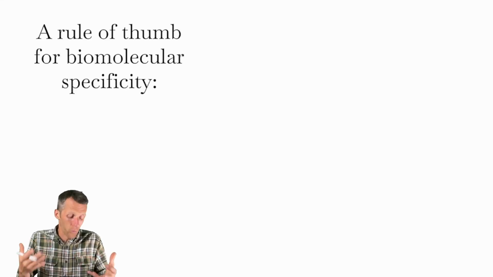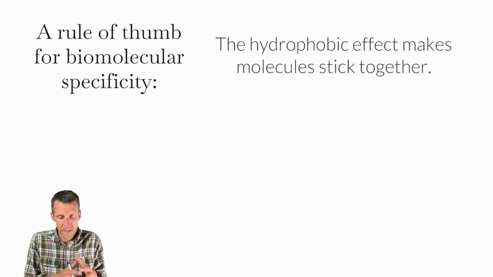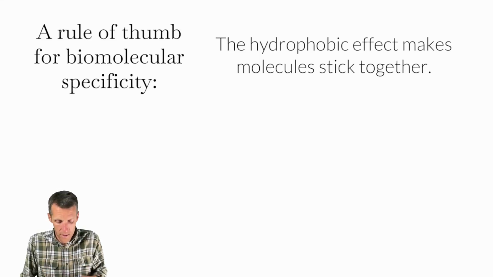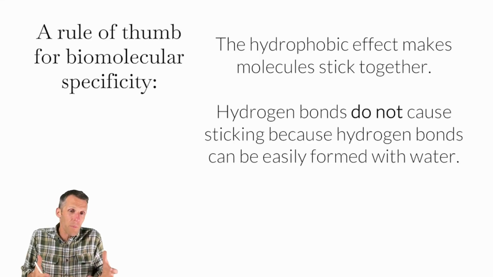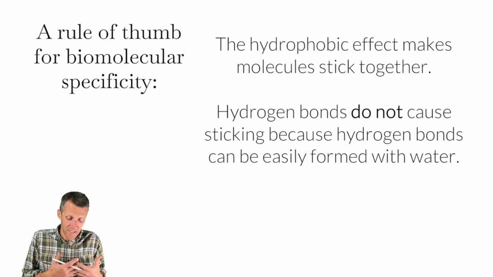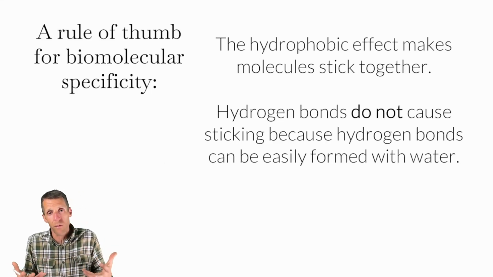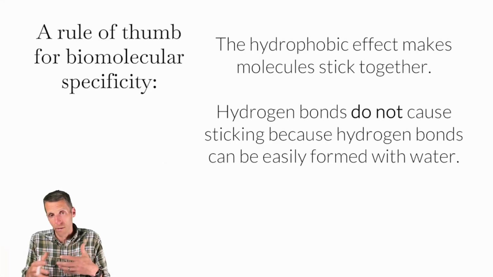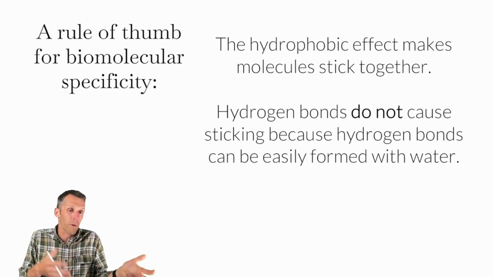And so this gives us this rule of thumb in biomolecular specificity that the hydrophobic effect tends to make molecules stick together, whereas hydrogen bonds don't really cause things to stick together. And it's because hydrogen bonds are so easily formed with water. You're basically swapping water to binding or whatever, but there's always hydrogen bonds that can be formed with water or with protein.